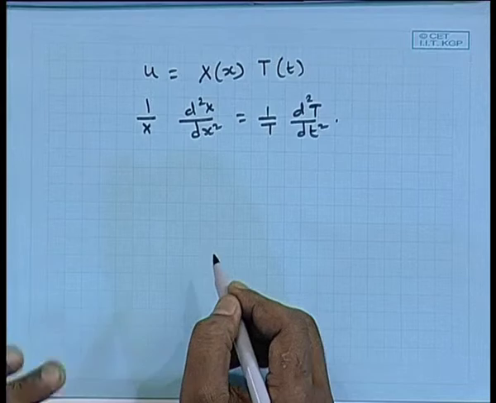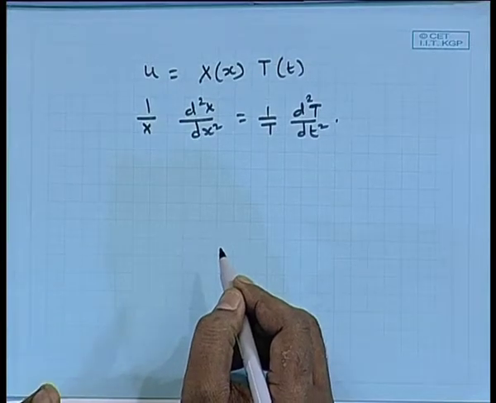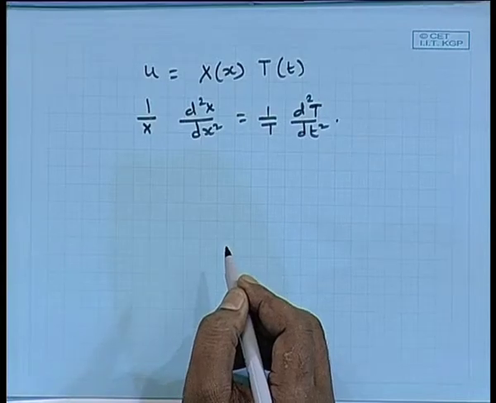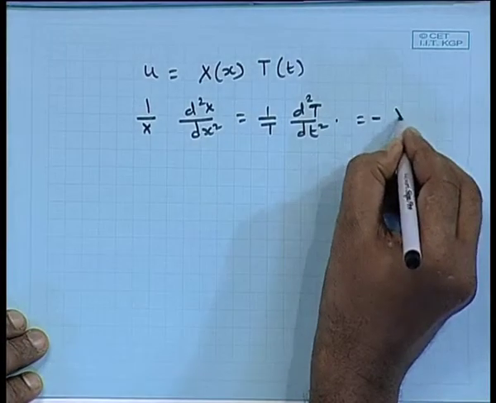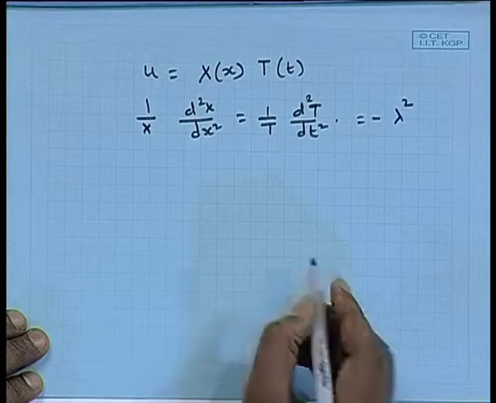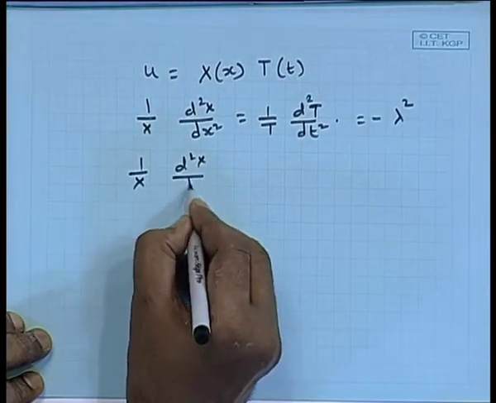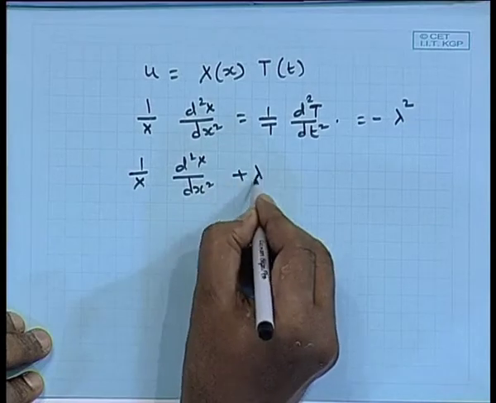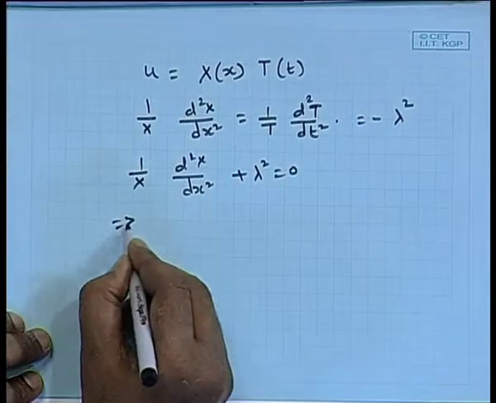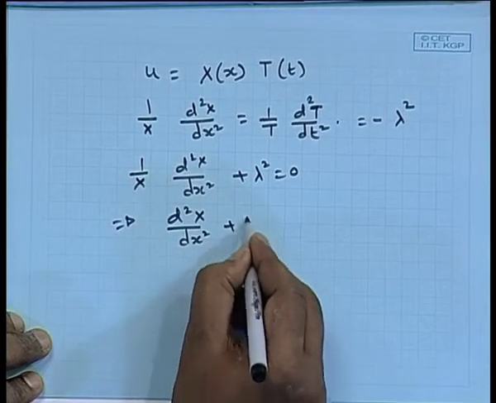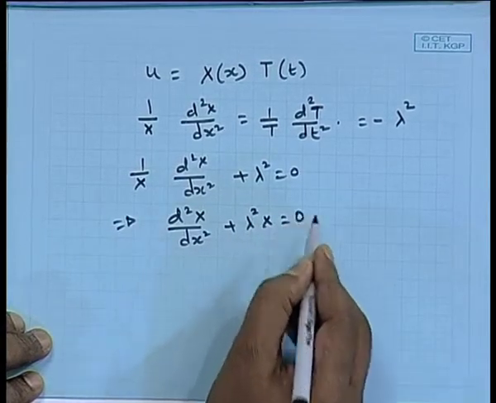And since you are having homogeneous boundary conditions in the x direction, you define the problem as a standard eigenvalue problem in the x direction. That means, this should be equal to minus lambda square. So, (1/X) d square X dx square plus lambda square is equal to 0, or d square X dx square plus lambda square X is equal to 0.